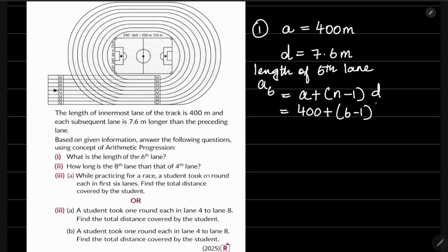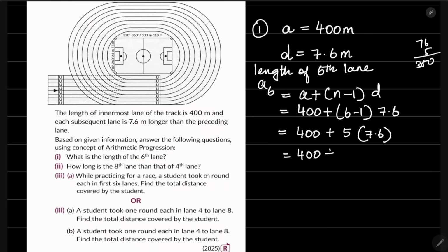So 6 minus 1 into D, which is 7.6. So it's 400 plus 5 multiplied by 7.6. What is 7.6 into 5? 38. So 400 plus 38, which is 438. The unit is meters. So that's the first answer.